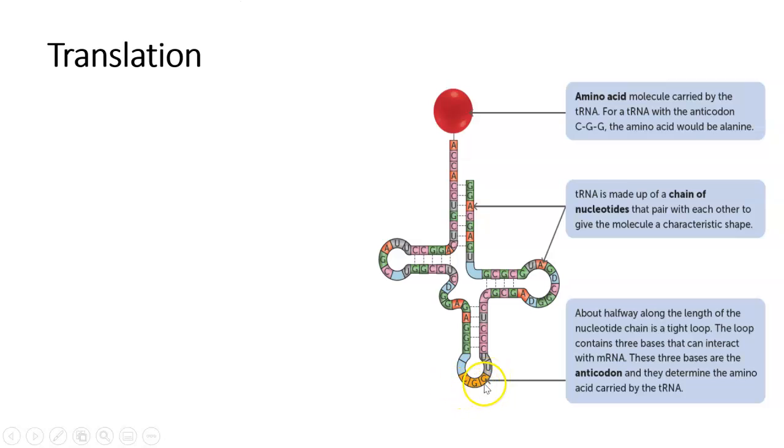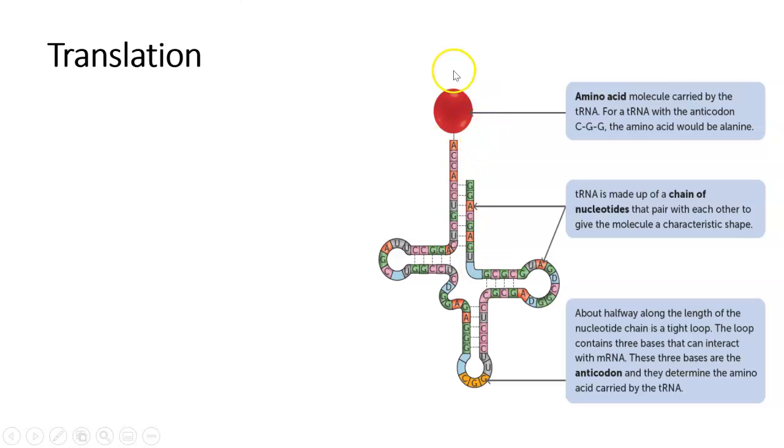Now, the anticodon sequence, as we've mentioned before, is complementary to a specific amino acid sequence. We've got hydrogen bonds forming between bases here, and this is what allows the bases to contort and conform, and this is what gives tRNA its distinctive shape.